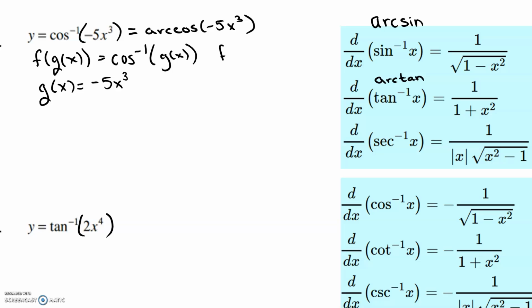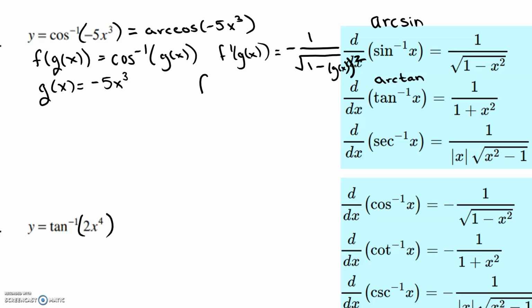We have to do the derivative of the outside with the inside staying the same. And that's going to be our cosine rule here, which says we've got negative 1 over the square root of 1 minus our input here, which is g of x, squared.